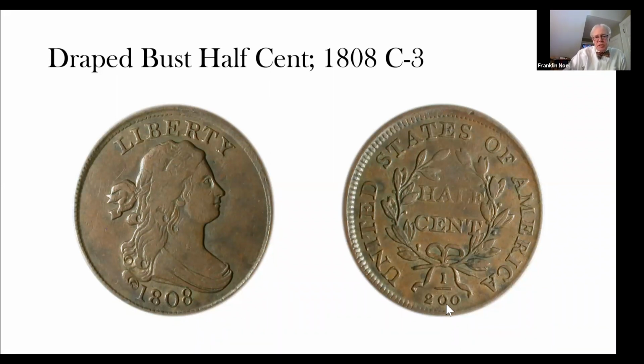So he took the 0 punch that's used to make the 2 zeros in the 1/200th fraction on the reverse and punched one over the other to make this rather large 8 in the final digit of the date. Both the new reverse and the new obverse lasted for quite some time, as this C3 normal date variety is very plentiful.